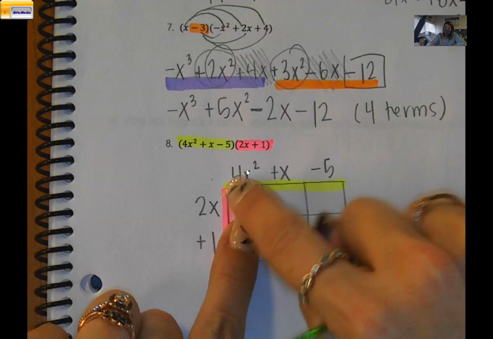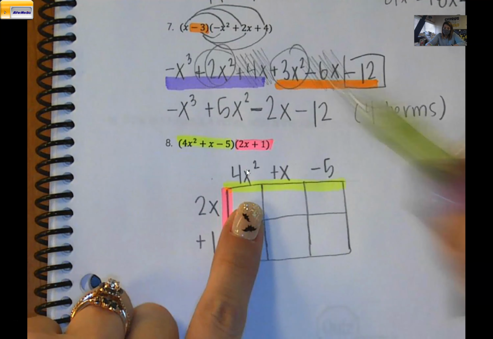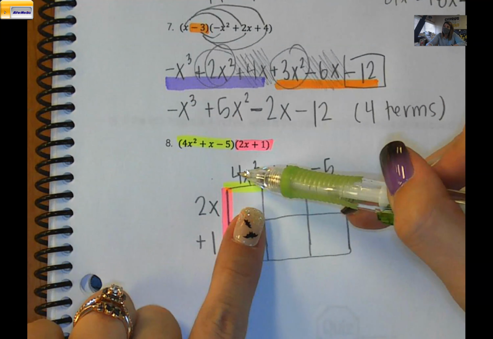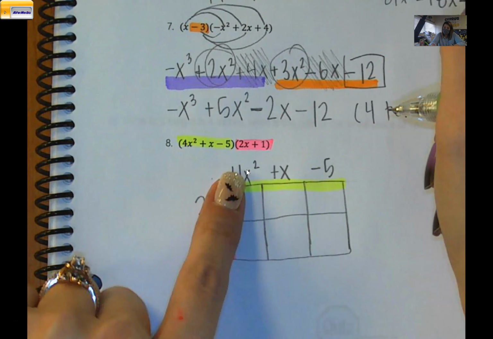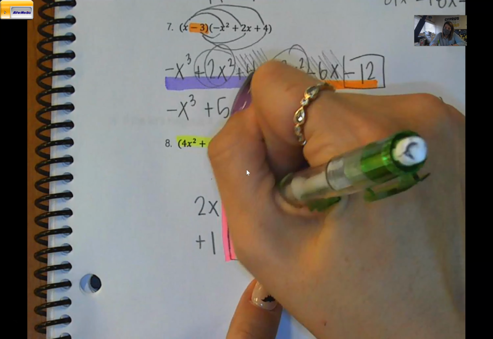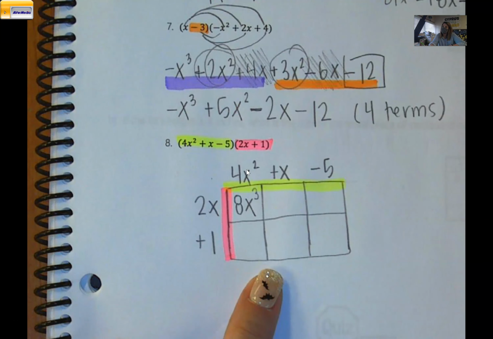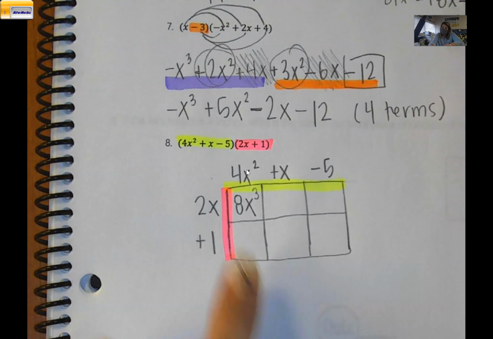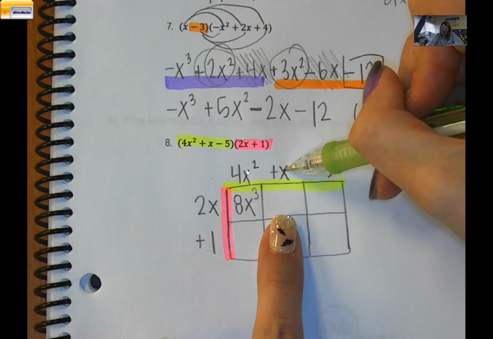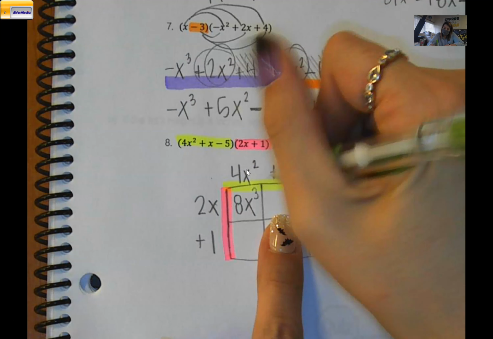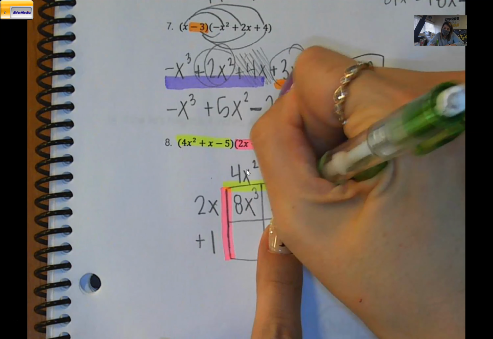This box is these two multiplied together. So you have a 2 times a 4. That's going to give you 8. X times x squared is going to give you x cubed. Now this box is going to be 2x times x. That's going to give you 2x squared.